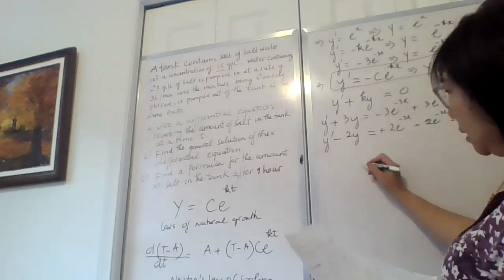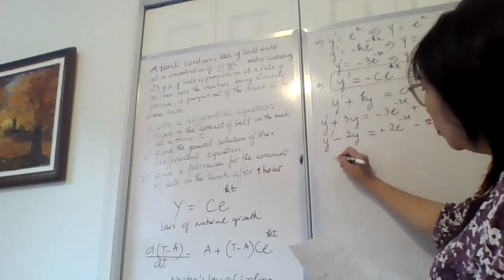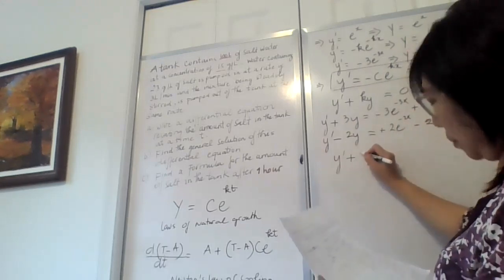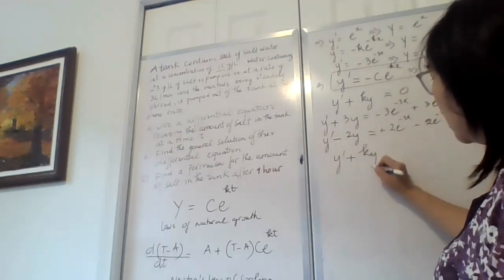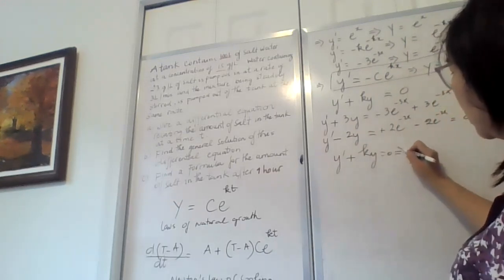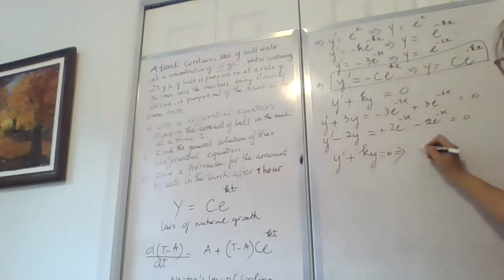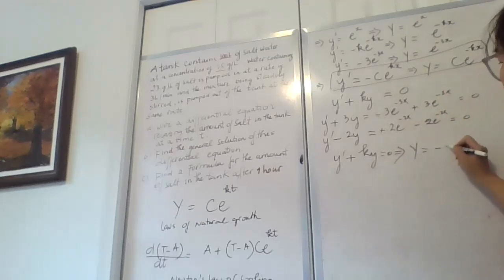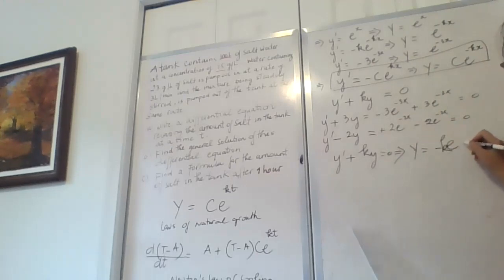So basically, if you have y prime plus ky equals 0, you can solve the equation. Your y prime will go minus k e to the kx.